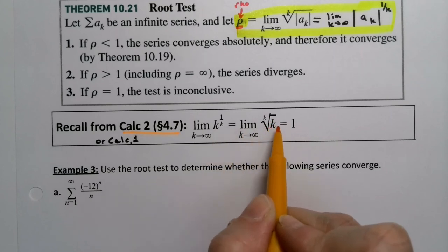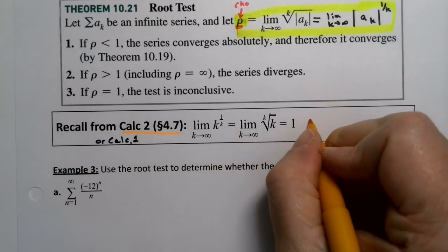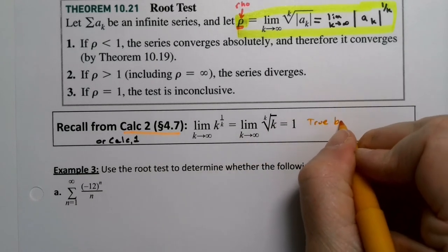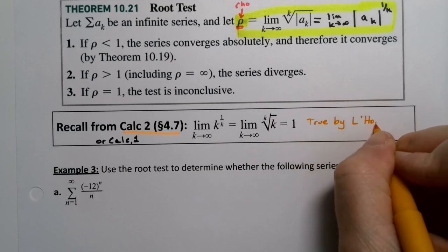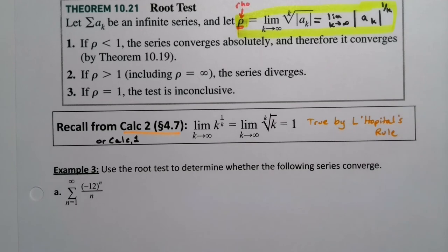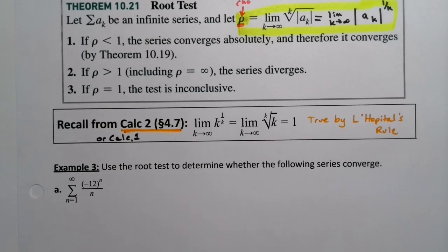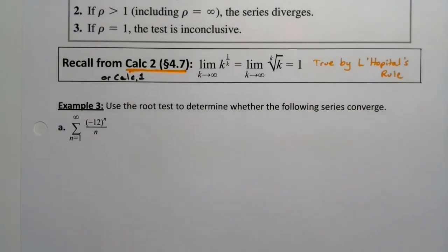Technically, it's of the absolute value, but we won't worry about that, which is equal to 1. This is true by L'Hopital's rule. It was proven back in that section. All right, that's just a little reminder, a handy thing to know.